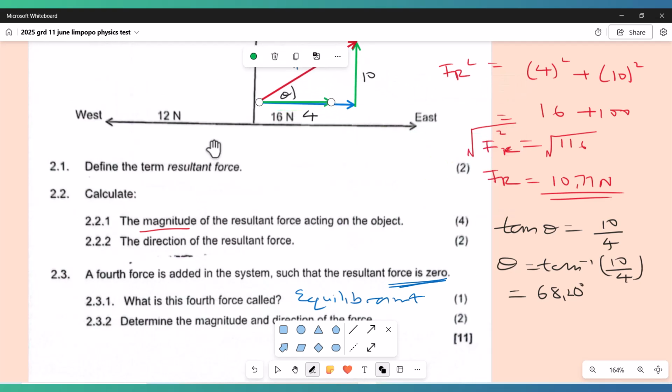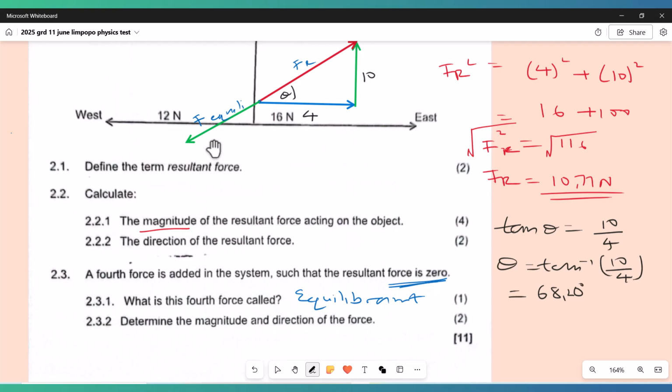My equivalent must be of the same magnitude as the one you see in red. So this is my equivalent force, F equivalent. It must be opposite to F resultant and of the same magnitude.